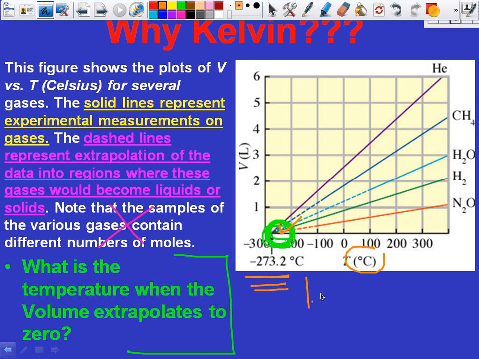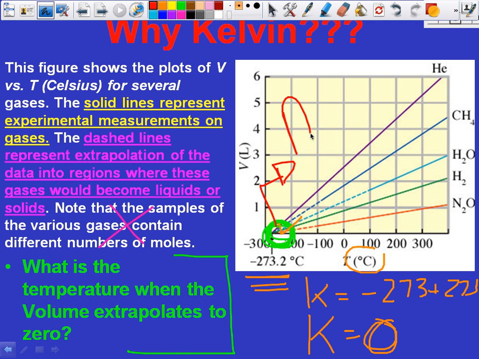Well, if we need Kelvin, we know that we add 273. So negative 273 plus 273, well, that's obviously going to be 0 Kelvin. Well, what is the term called when Kelvin is at 0? This point is going to be absolute 0. And again, I would write this below this. What do we know about absolute 0? That all motion ceases to exist.